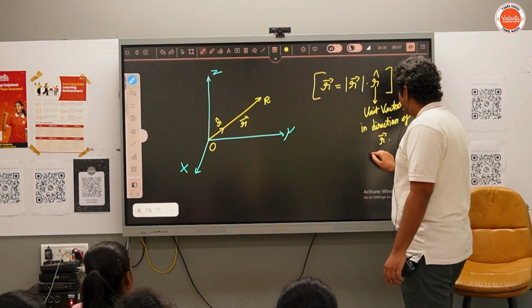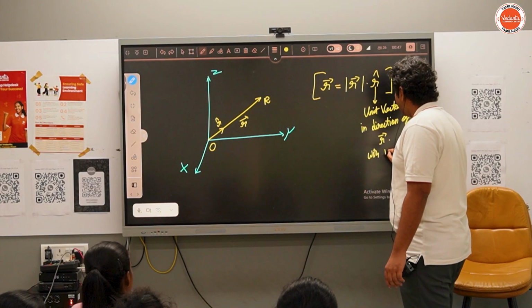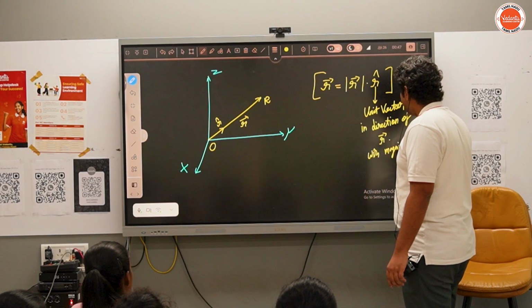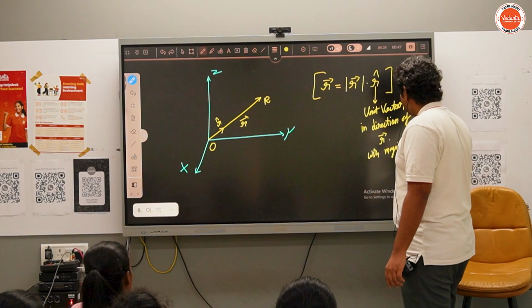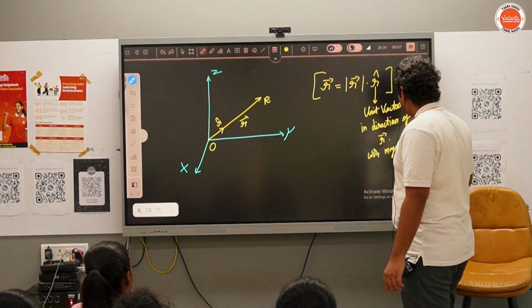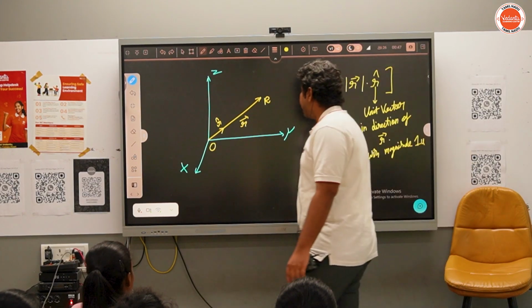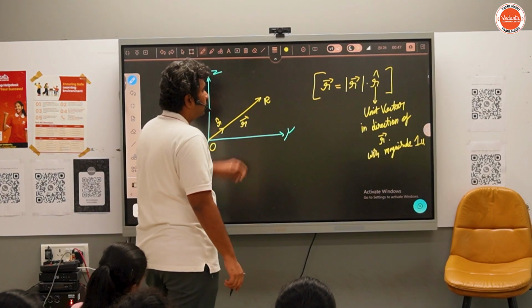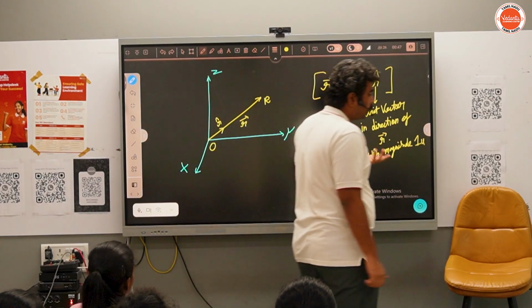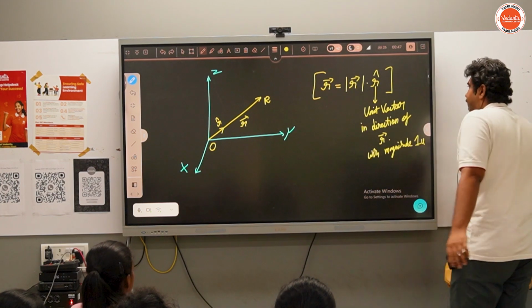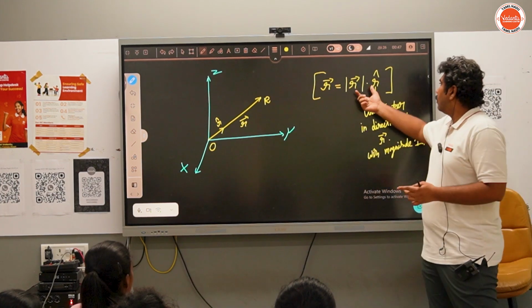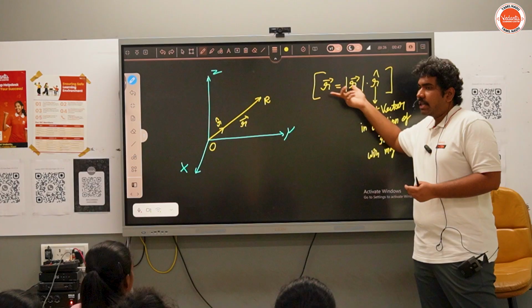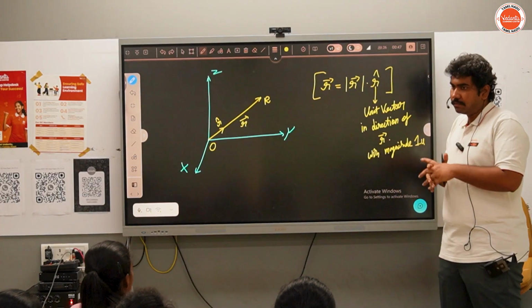Okay, so it is going to have a magnitude of 1 unit. So the modulus of R vector is the magnitude of R vector, or basically how many R cap do I need to get R vector? You can take it in that way.